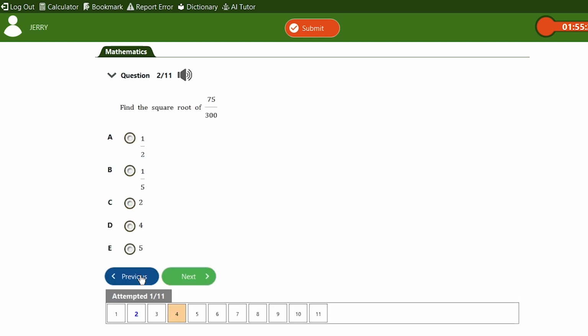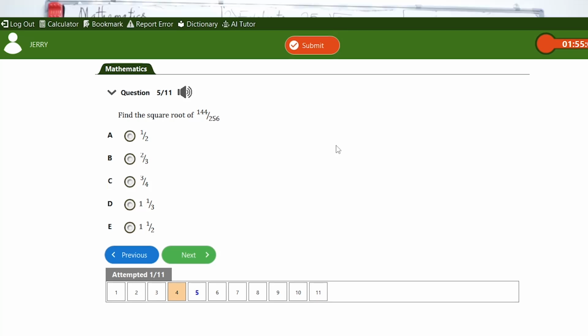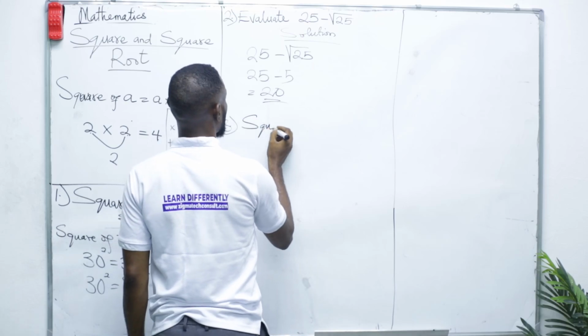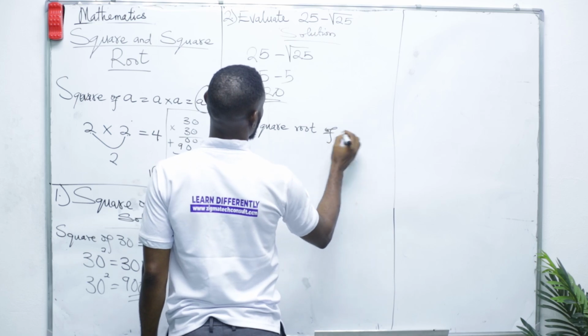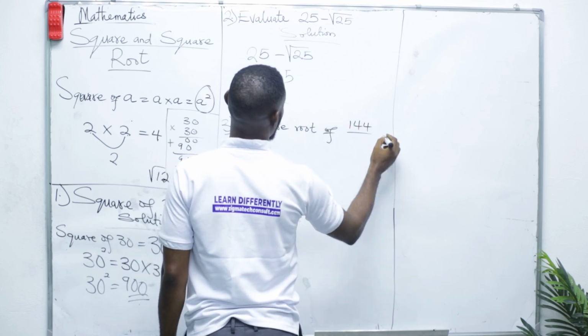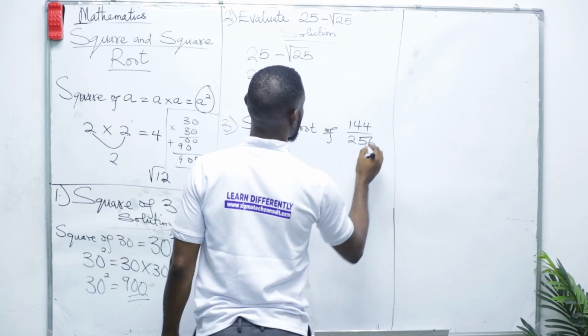Now let's look at this. They say we should find the square root of 144 over 256.